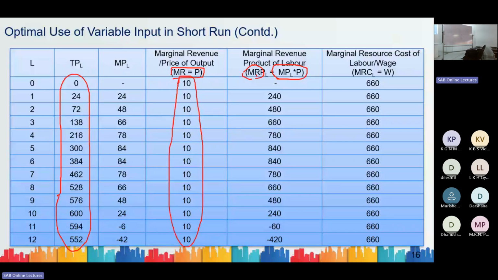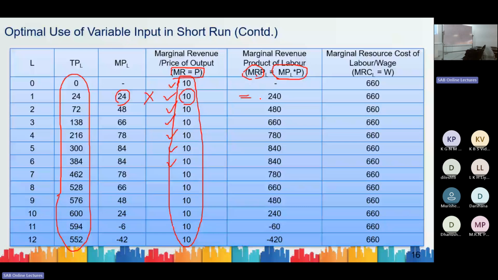At any level of output, the firm is ready to supply that quantity at the same unit price. So to calculate marginal revenue product of labor, we multiply marginal product values by the unit price of output.